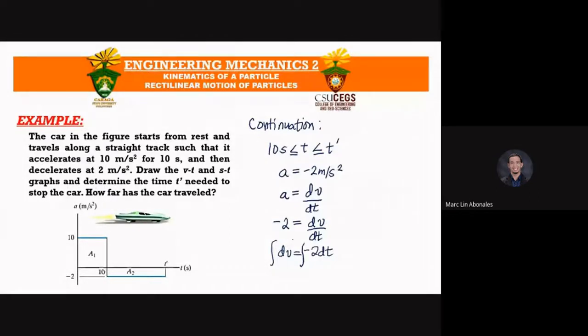Since definite integral man natong gamiton, which has the upper and lower limit, unsa ang lower limit dire sa left side sa atong equation kaning sa dv? Is it 0 gihapon or not? 0 pa ba gihapon atong gamiton or dili?